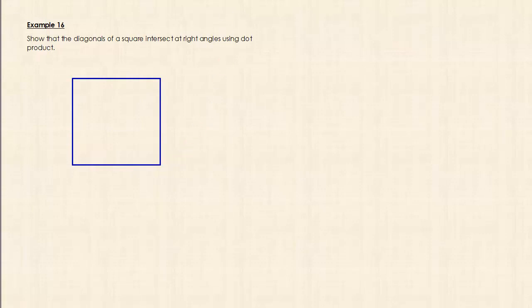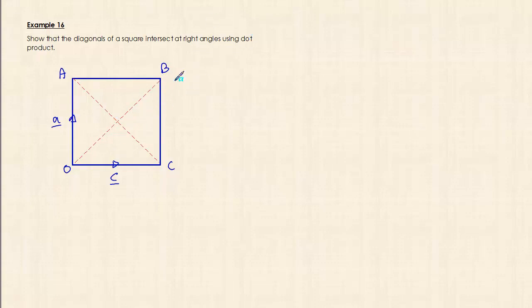So let's start with a square, and I'm going to call it O, A, B, C. And I'm going to define a vector A which goes from O to A, and a vector C which goes from O to C. Now we're interested in the diagonals. We want to show that they meet at 90 degrees.